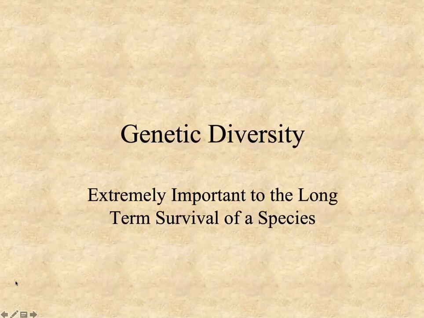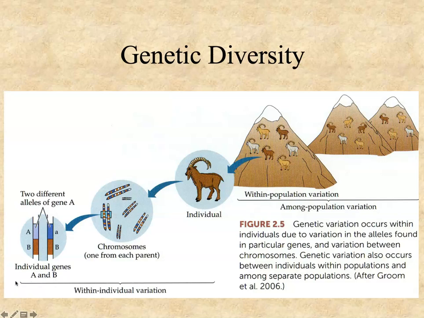And so let's take a look at genetic diversity. Genetic diversity is extremely important to the long-term survival of a species. And there are all kinds of levels of genetic diversity. We can have genetic diversity at the chromosome level, like we just talked about. An individual that's heterozygous, that has a dominant and a recessive allele on a particular pair of chromosomes for a particular trait, would carry more genetic diversity than if you had two dominant alleles and that individual was homozygous dominant.